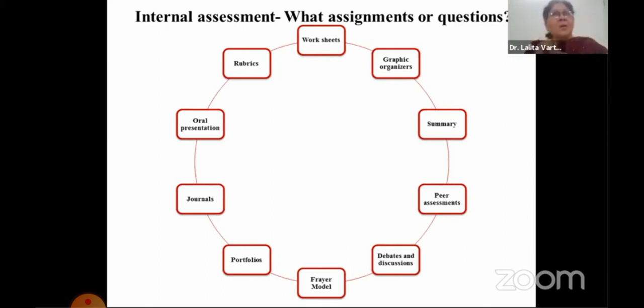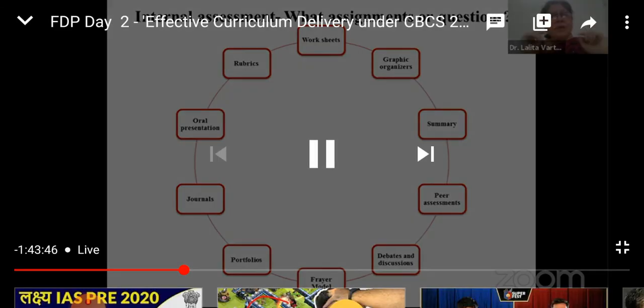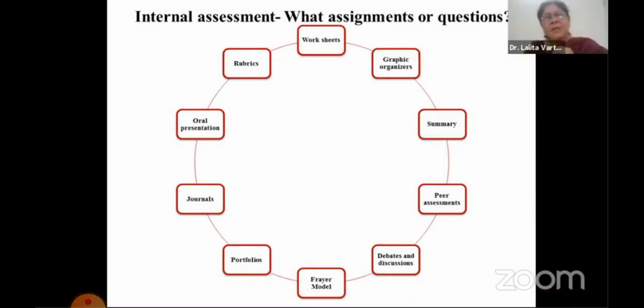Because rubrics are one such tool which really help a student to understand and differentiate between an A or O category, outstanding level of work, and a B or C category level of work. So using rubrics in our internal assessments would also be very useful to you.